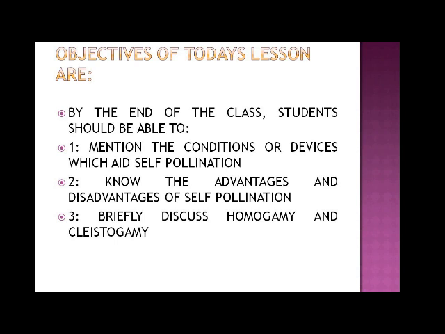Secondly, to know the advantages and disadvantages of self-pollination, and again, to briefly discuss or explain, wherever they are asked, homogamy and cleistogamy as part of the devices that aid self-pollination.